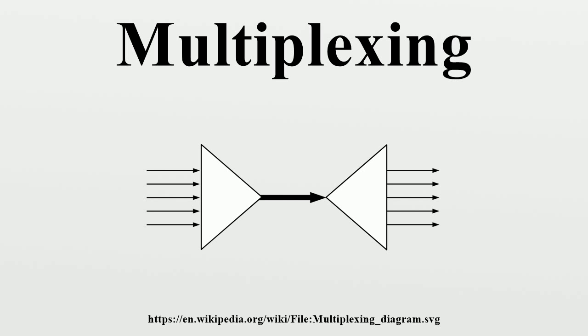Émile Baudot developed a time multiplexing system of multiple Hughes machines in the 1870s. In 1874, the quadruplex telegraph developed by Thomas Edison transmitted two messages in each direction simultaneously, for a total of 4 messages transiting the same wire at the same time.